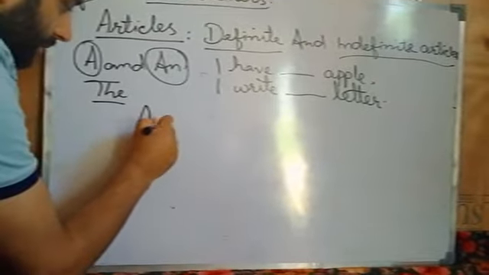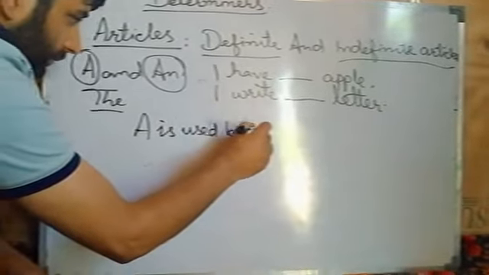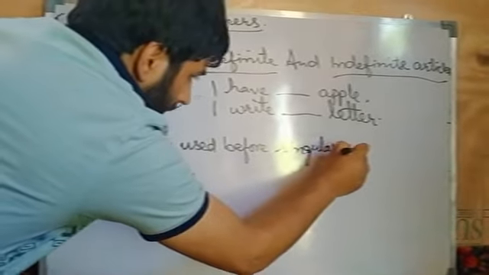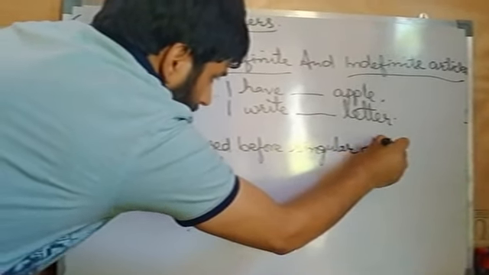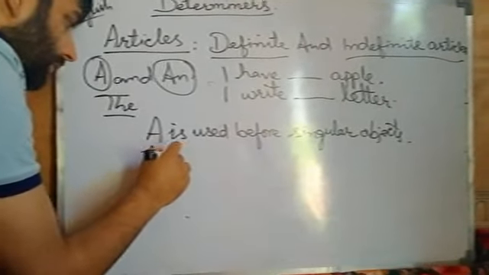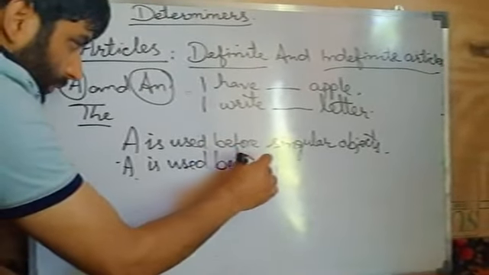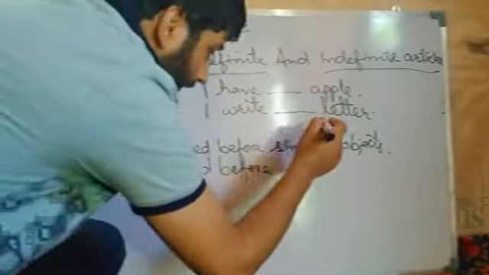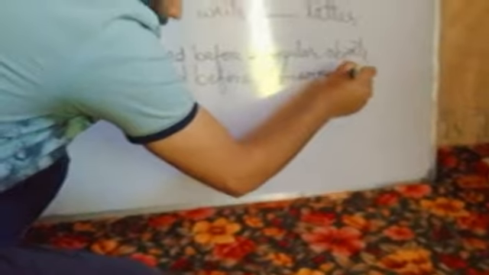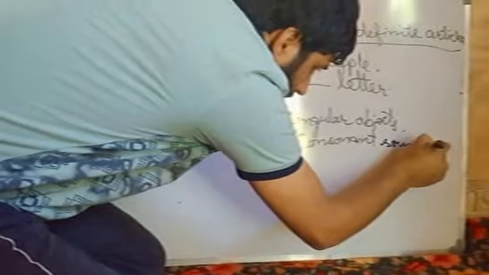A is used before singular objects. A is used before a consonant sounded word.